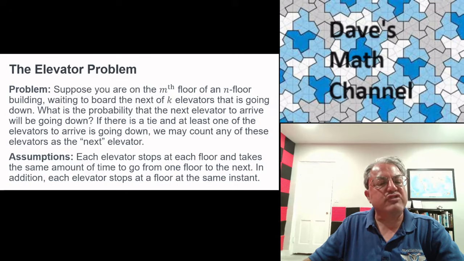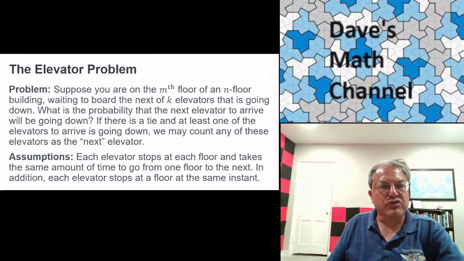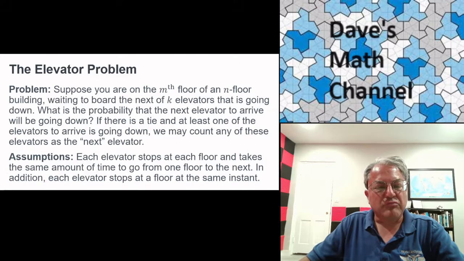We have to assume that each elevator stops at each floor and takes the same amount of time to go from one floor to the next. Of course, you wouldn't want this in a real building because you don't want every elevator stopping at every floor if nobody's getting in or out. But don't worry about that for now.